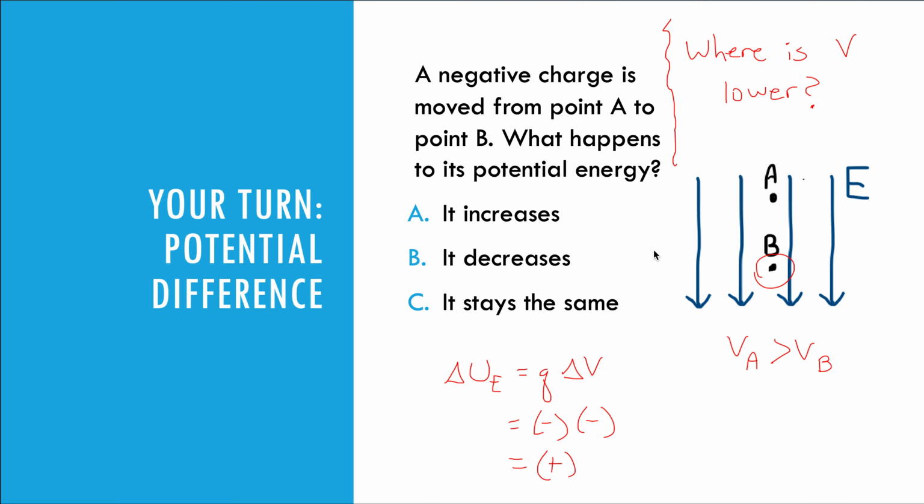And that agrees with what we talked about before, that the charge does not naturally want to go down. That means that there must be some external force pushing it down, doing work on it, and increasing its energy.